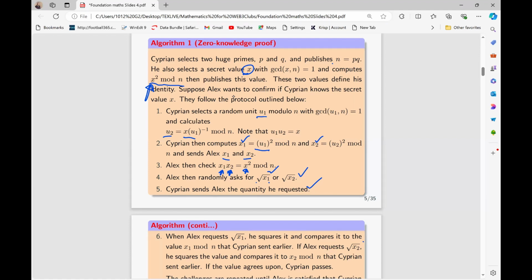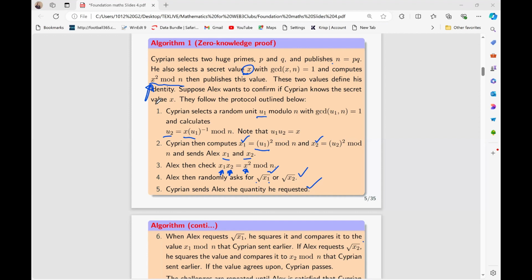He wants to confirm whether indeed this prover has given the square root, because he knows getting the square root is not easy, mod n. He knows getting the square root of x1 is not easy. So he asks, give me the square root, and the square root is provided.